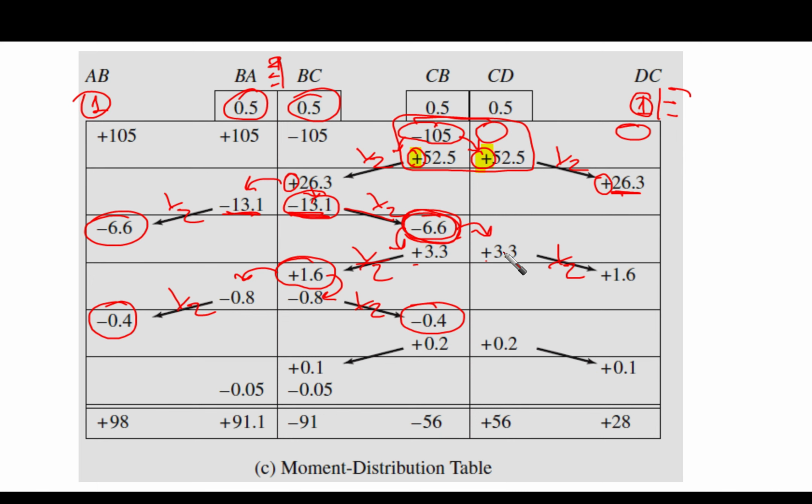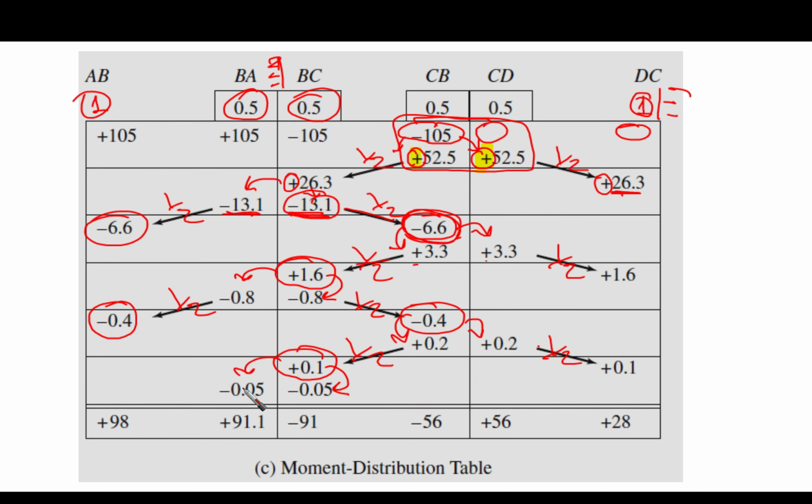And then we'll find that we need to balance point C, and we do not have anything at point B, so half here and half here, and then draw the line and then carry over half and half. You are going to find that we end up with 0.1, which is very small and negligible. We can end the moment distribution process at this particular point.